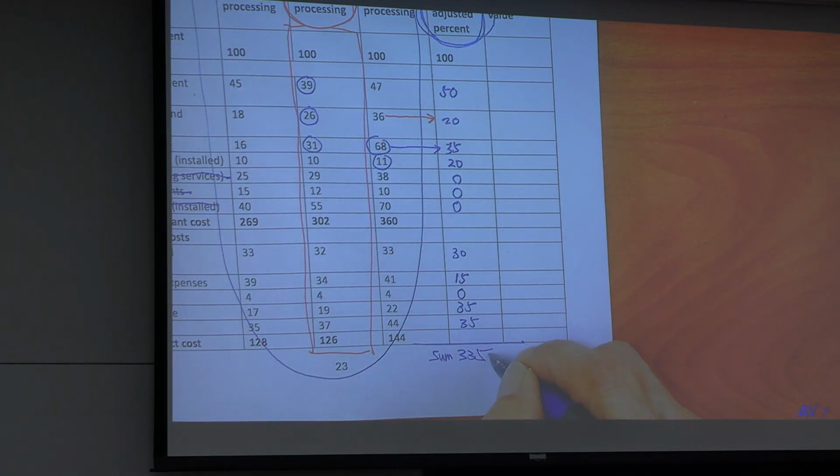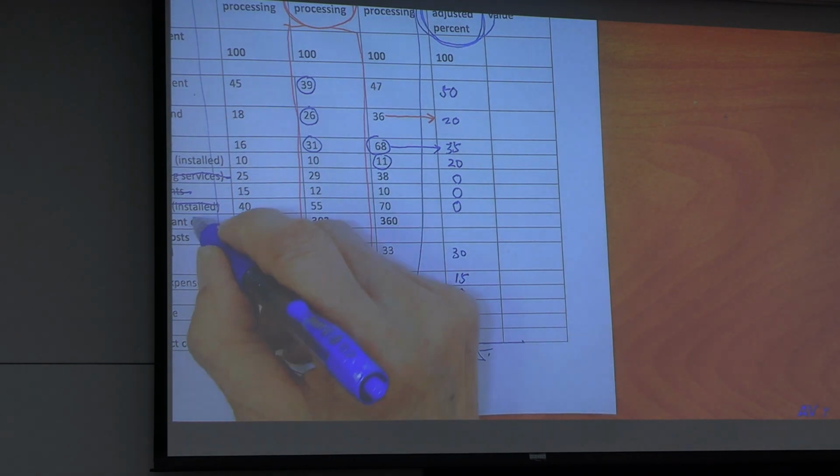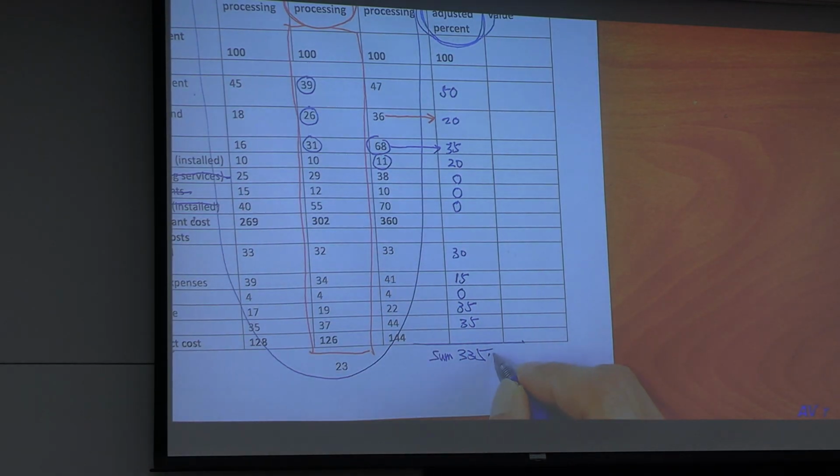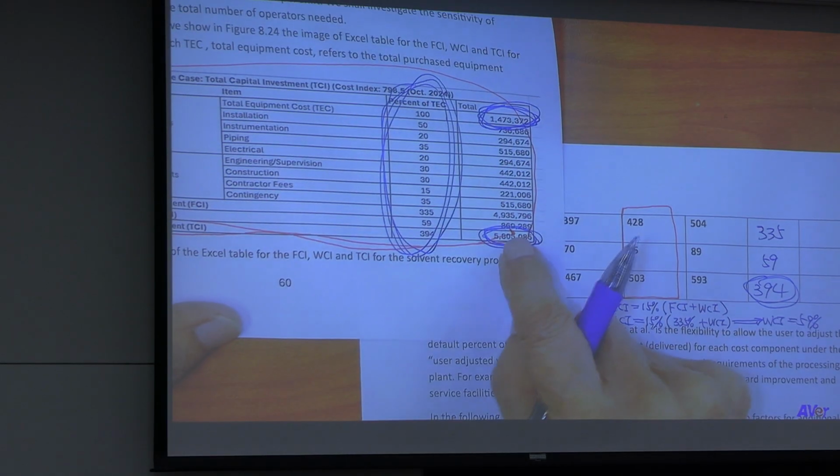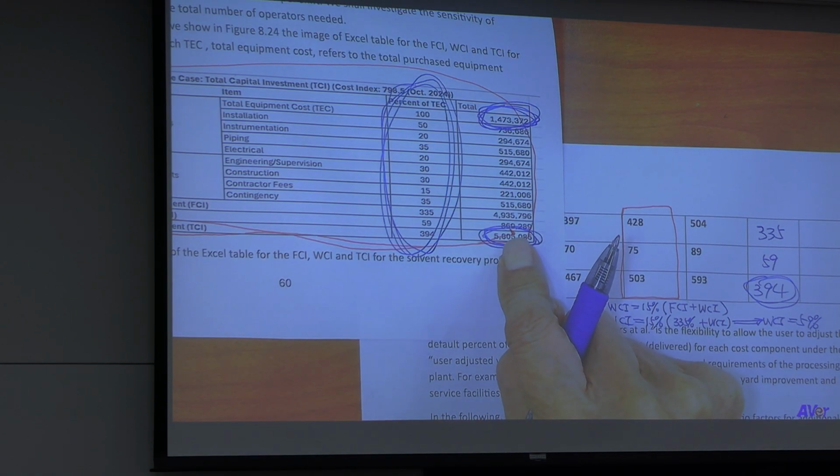What is total direct plant cost, indirect cost? That is FCI. Right? And 394. That is 394. That's how we did it. Okay? I'll explain others on Monday. That's it.